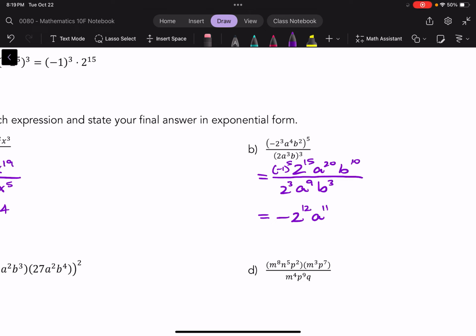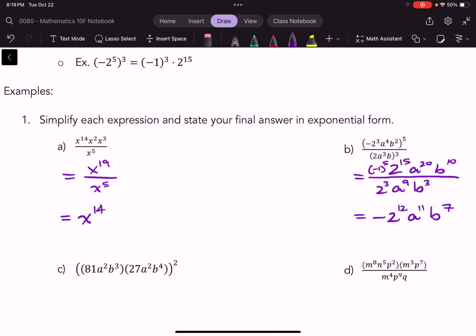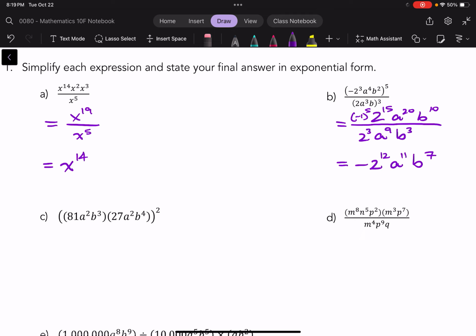That's 11. And then finally, b to the power of 10 divided by b to the power of 3. So b to the power of, well, 10 minus 3 is 7. And that one is done, done, done.